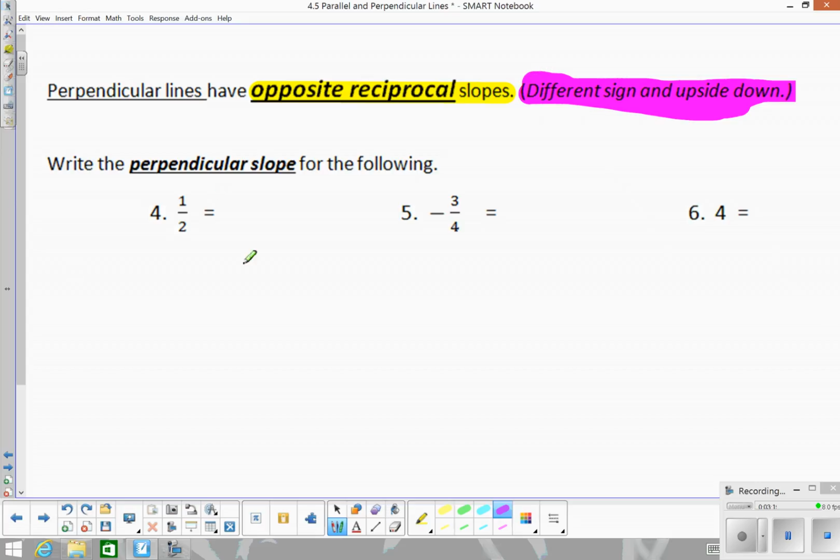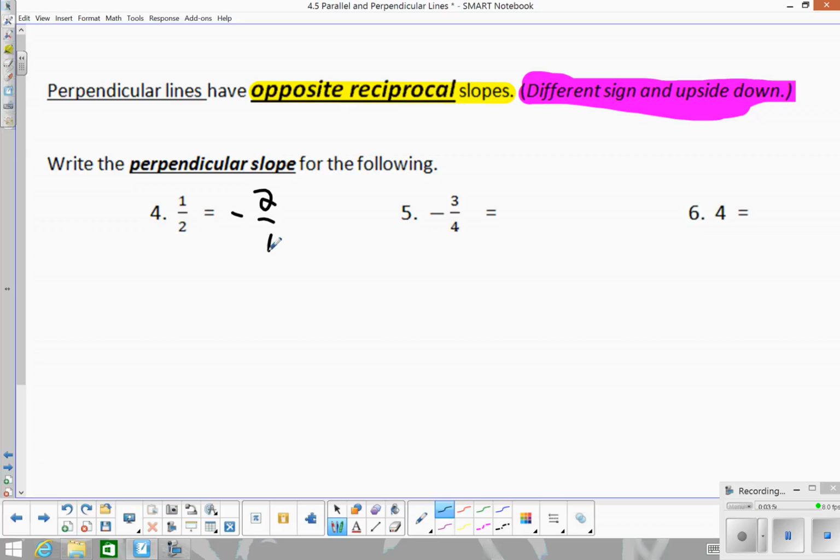So if I have a slope of 1 over 2, if my slope is positive, the opposite sign would be negative. And my fraction is 1 over 2, so the reciprocal of 1 over 2 is 2 over 1. So if I had a slope of 1/2, a line that is perpendicular would have the slope of negative 2 over 1.